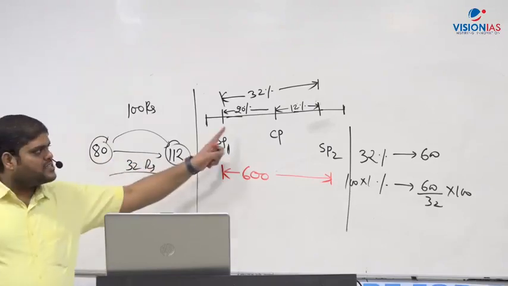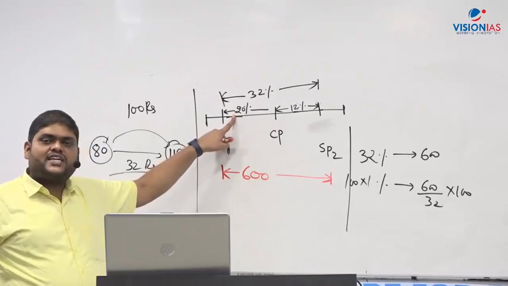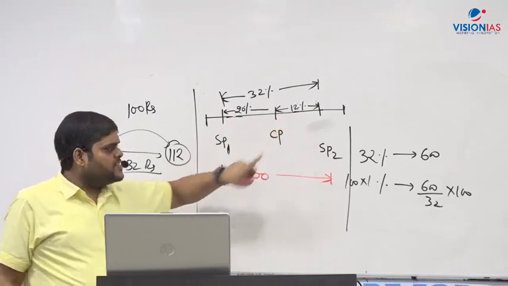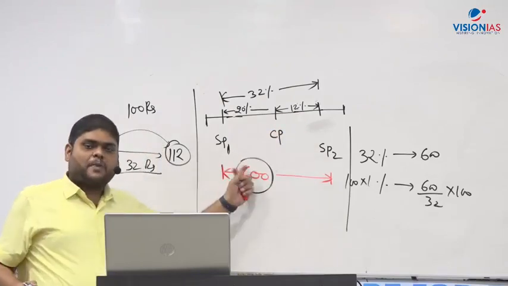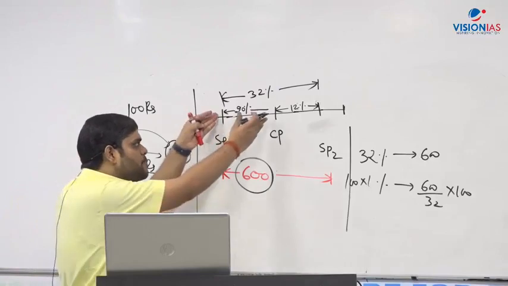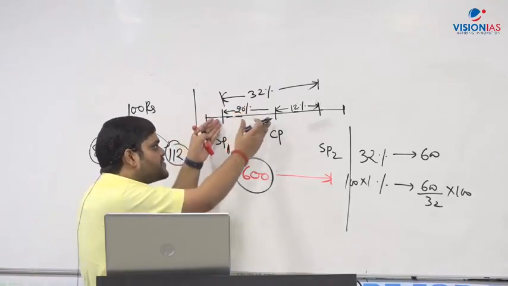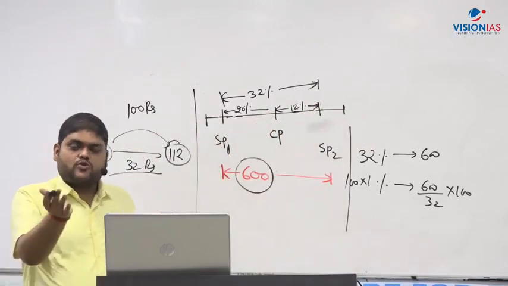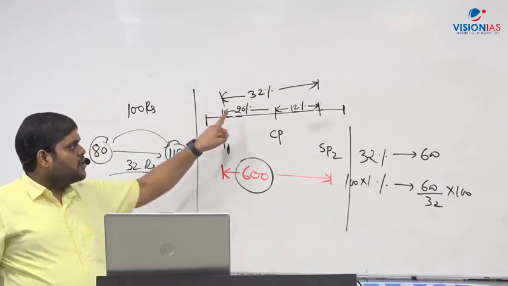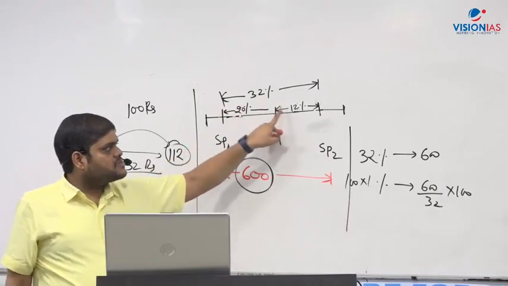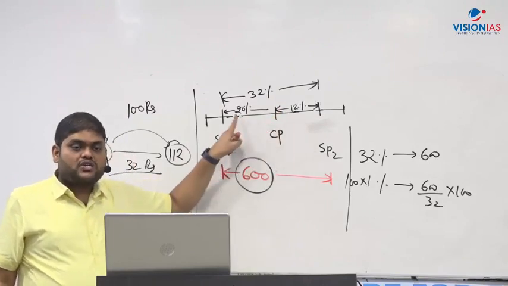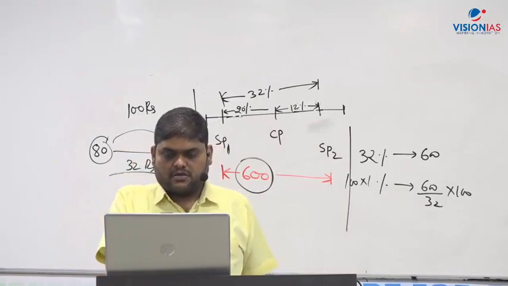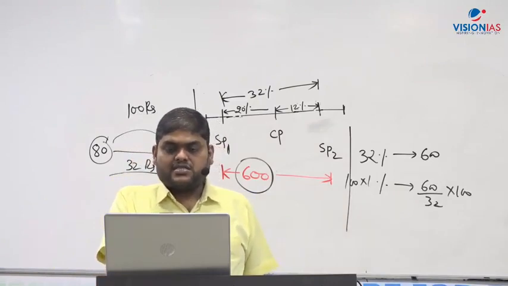Same logic here. He was at a loss of 20% and now it has become a profit of 12%. That means whatever money I am adding is first compensating the loss, and then after compensation of the loss, it makes this into profit. So loss of 20%, then 12% profit, total becomes 32%.